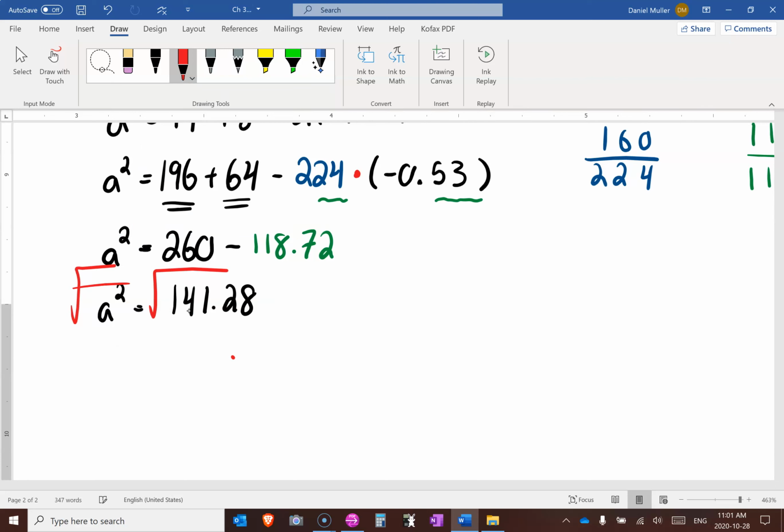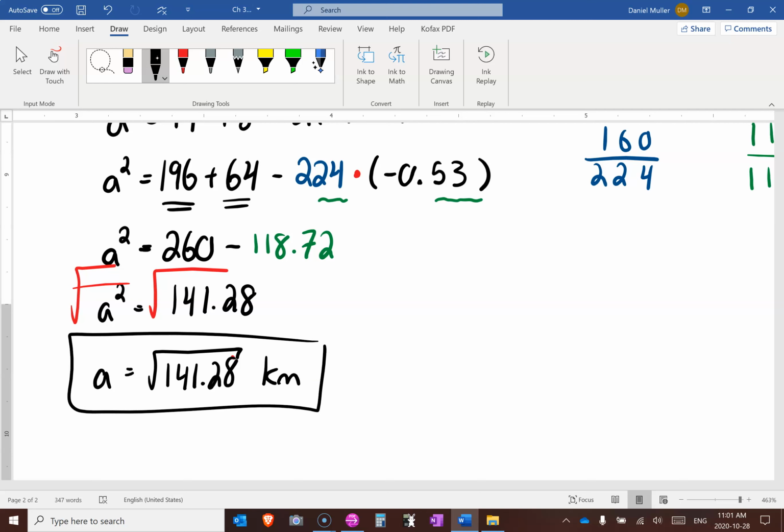And that's kind of it if you don't have a calculator. So your answer is the square root of 141.28 kilometers. Now, if you do have a calculator, you can make an approximation.